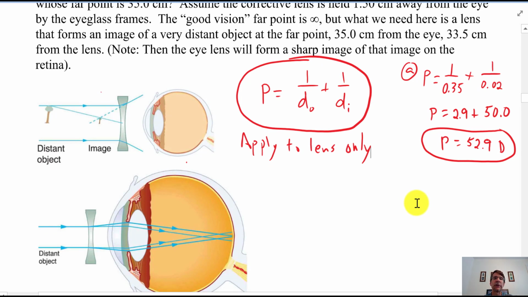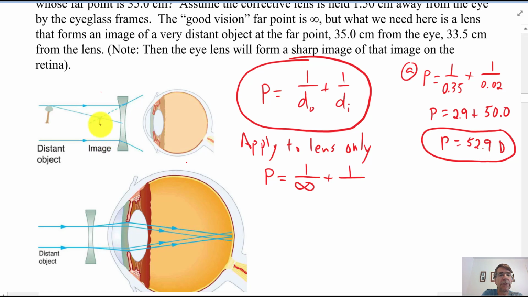What you need to do in these problems, if you're talking about correcting farsightedness, nearsightedness, myopia, and it's really not that hard once you get the pattern here, is you want the lens to form an image such that the object would be apparently coming from infinity, and the image, in this case, needs to be at your far point.